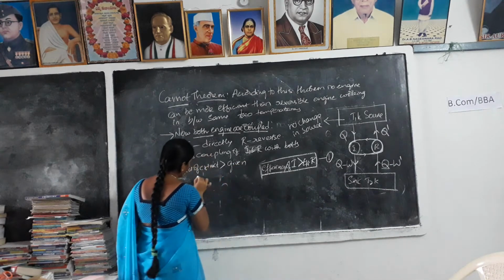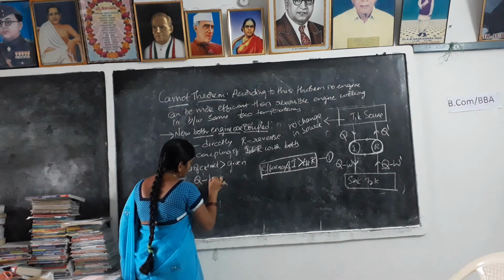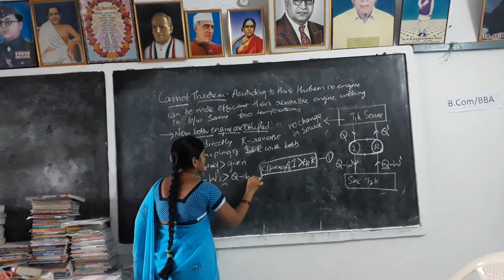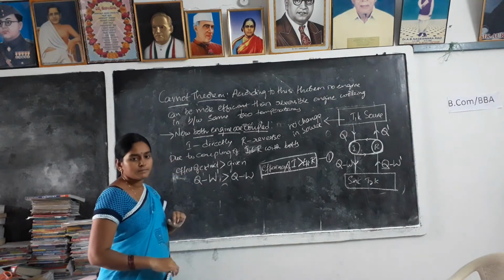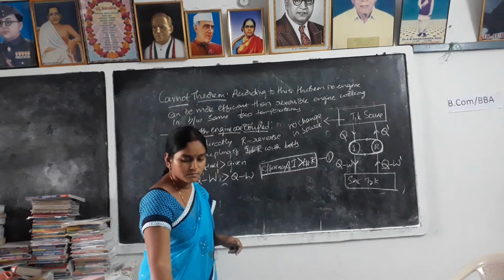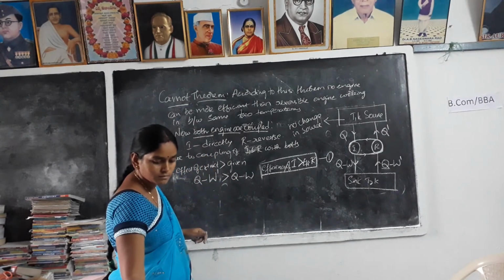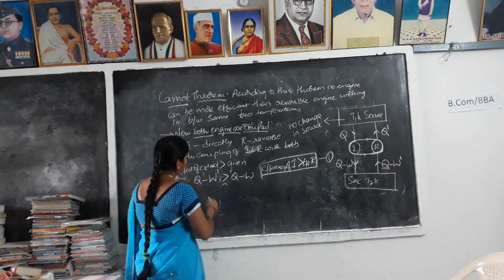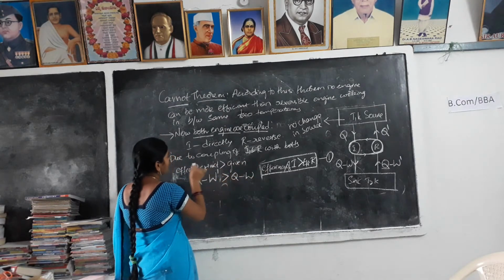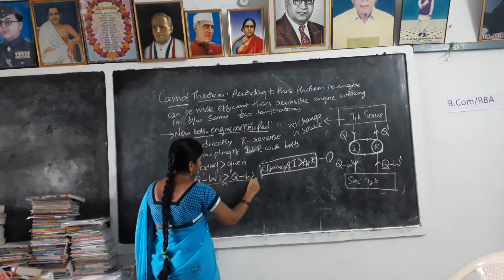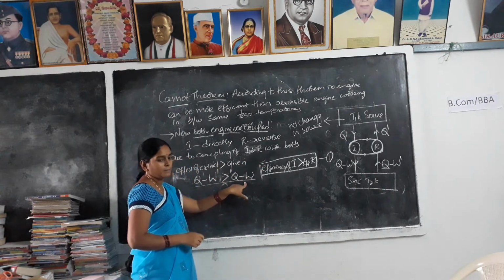That means here Q minus W dash is greater than Q minus W. Right? So due to coupling of these two bodies, here extraction is greater than given, right?